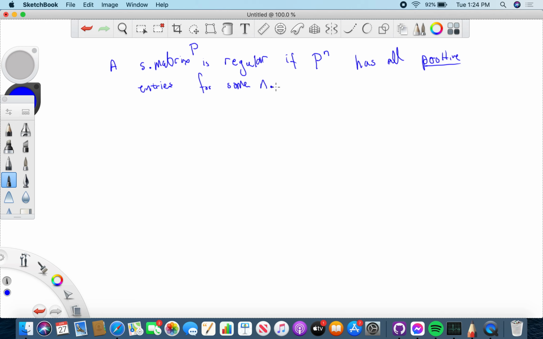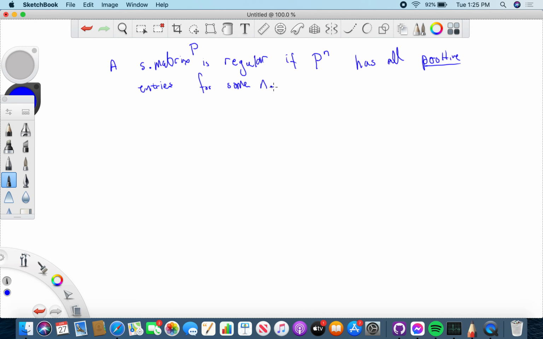Okay, so let me stress, this time when I say positive, I mean positive in the strict sense. In other words, it's not enough that a value is equal to 0, it has to be greater than 0. Okay, so what does this mean?